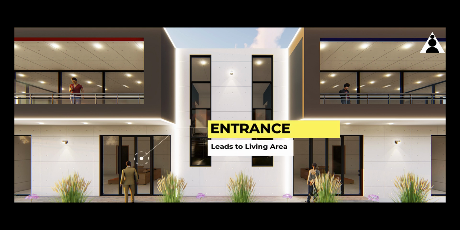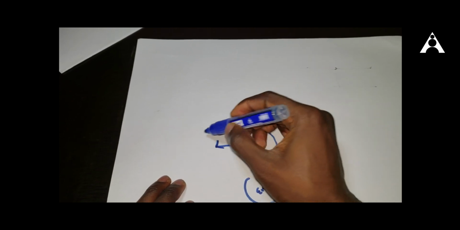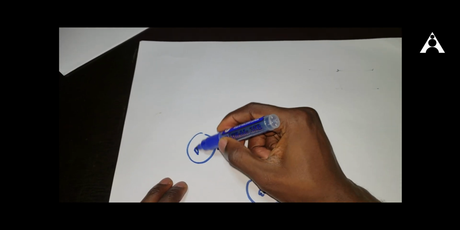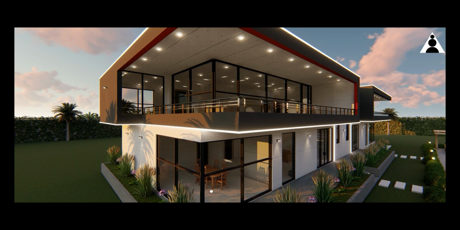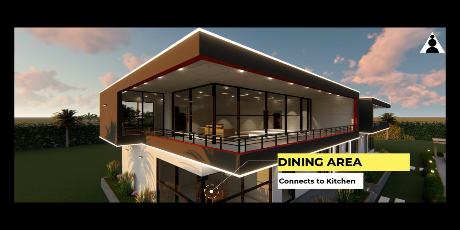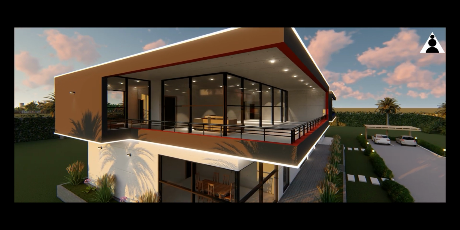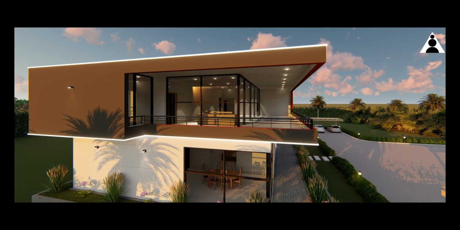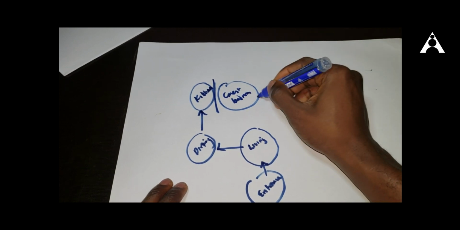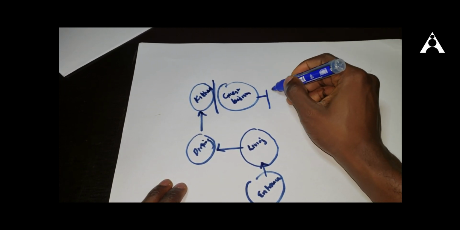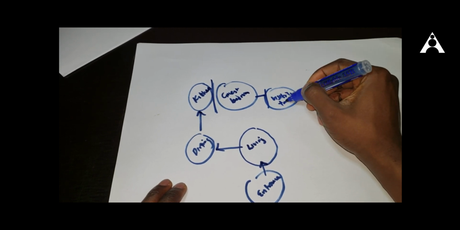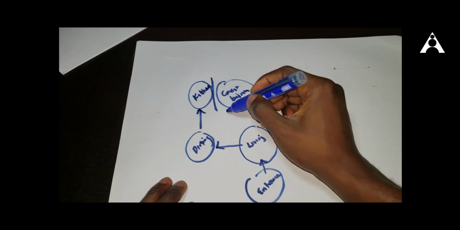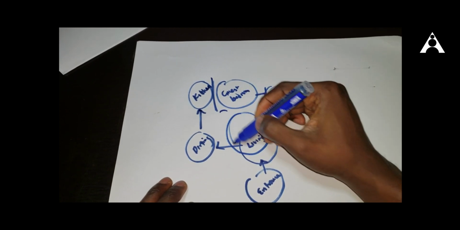And in the living area, towards the left, there is a dining area that connects to the kitchen, which has a boundary wall with the guest's bedroom, and then there is a little visitor's toilet, and this is the main living area, the main living space.